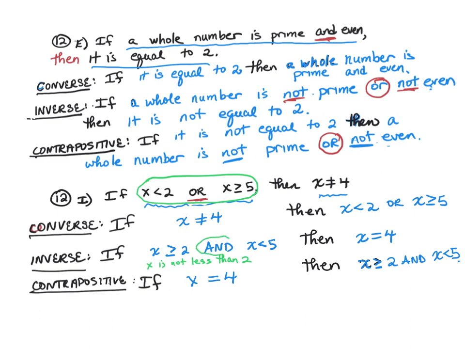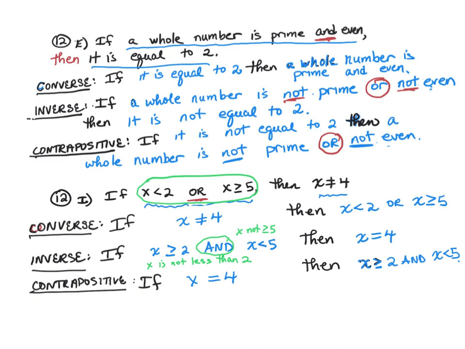This is the and, then the negation of x is not greater than or equal to 5 would be x is less than 5. Okay, so that would be considered the negation of the inequality.